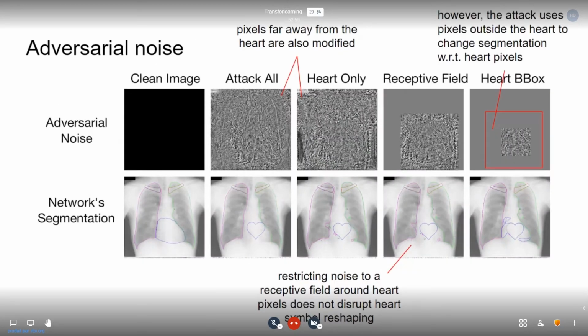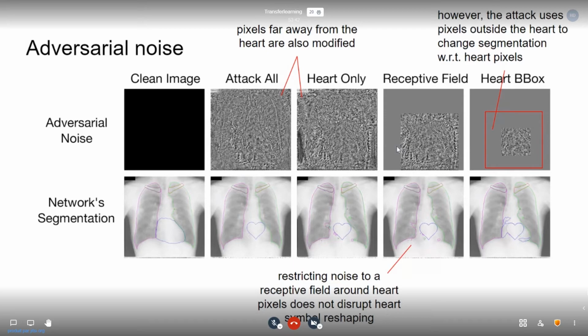Another thing we noticed: we looked at the adversarial noise that our heart attack produces, and we noticed that it modifies pixels that are quite far from the heart, and that happened even when we only optimized for the heart class. At first, it seemed like a little bit of an odd finding, but I think it has a very simple explanation. The heart attack also tries to maximize the confidence with respect to non-heart voxels.